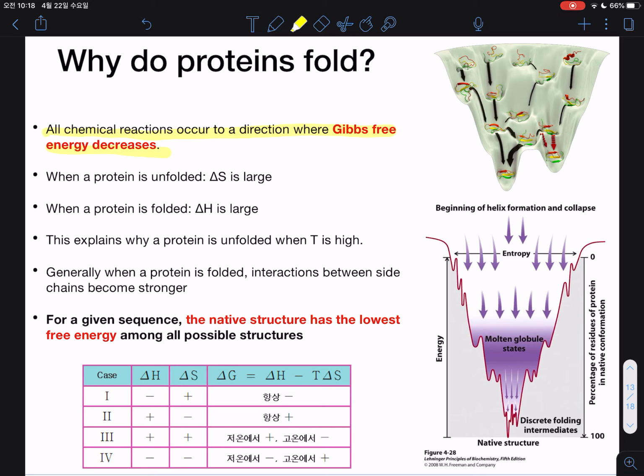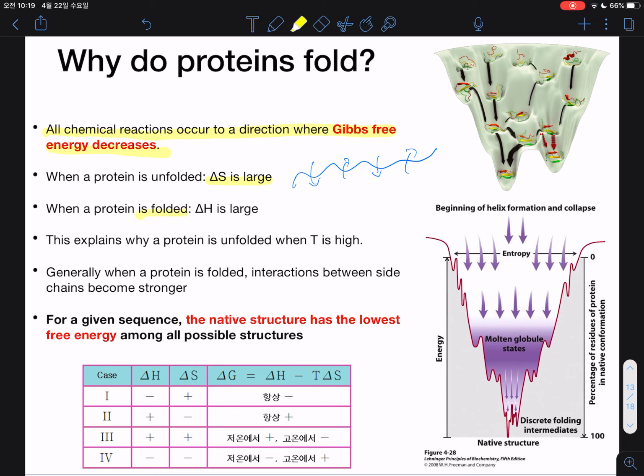Then if we think about a protein, a chain molecule, when the protein is unfolded and they are freely rotatable, then delta S is large, right? So the entropy is large.